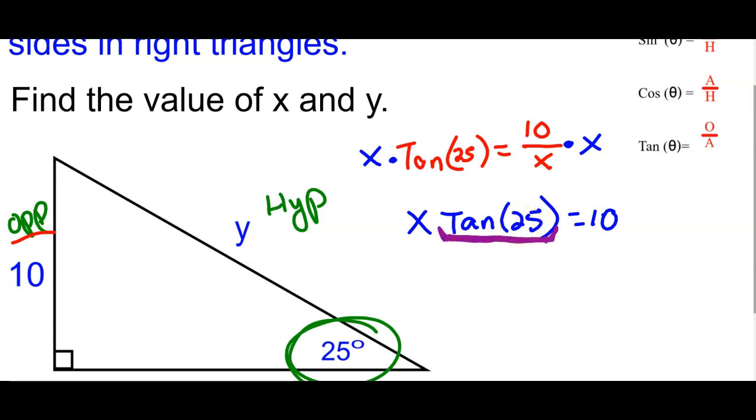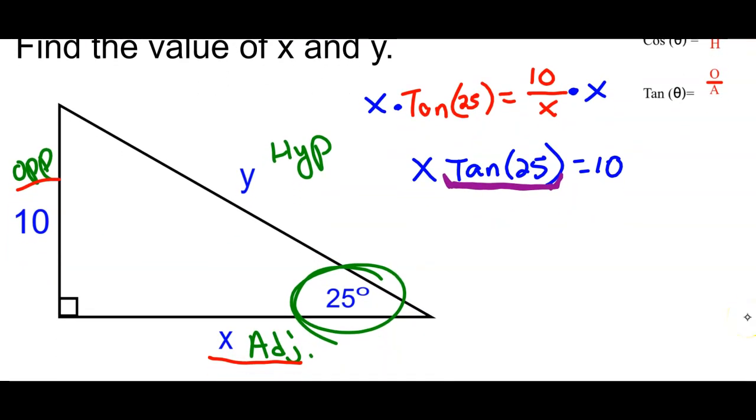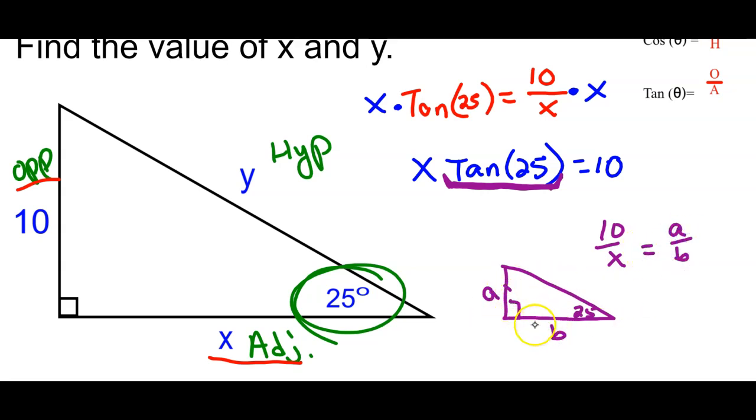But think about it like this. Remember angle-angle similarity when we talked about similarity in the last lesson. What this means is, notice any other triangle I draw with a 90-degree angle and a 25-degree angle is similar to this triangle drawn right here. And so what we can say is, if you put opposite over adjacent, or 10 over x, it will equal, I'll call these a and b, a over b right here because they are proportional.